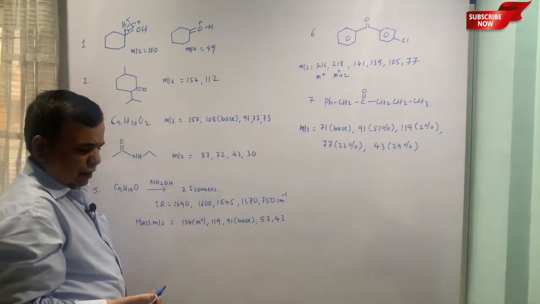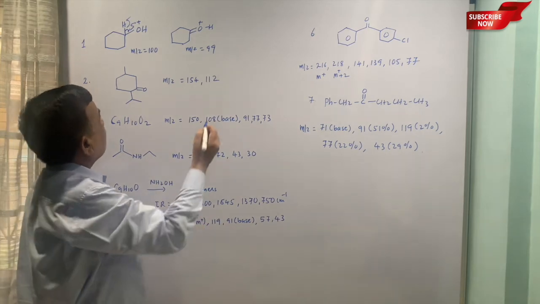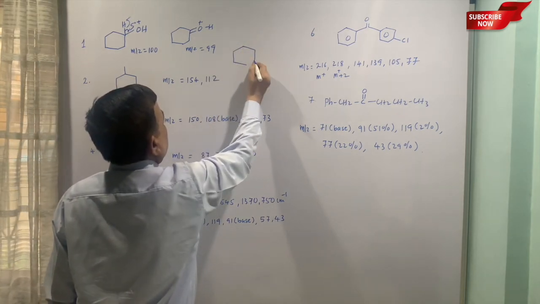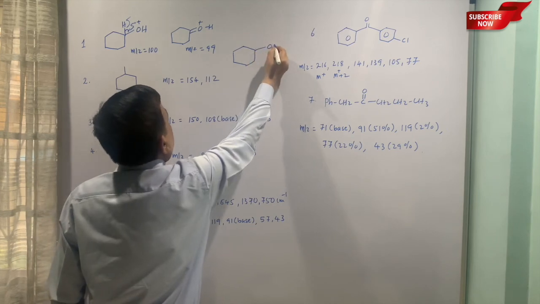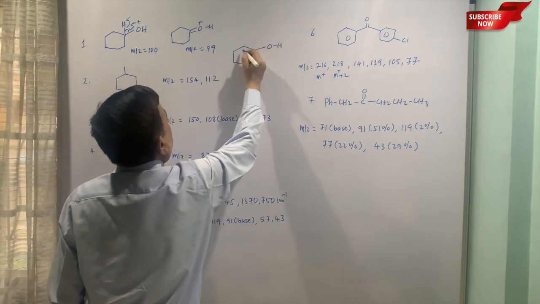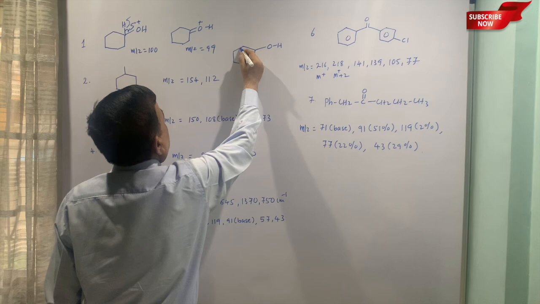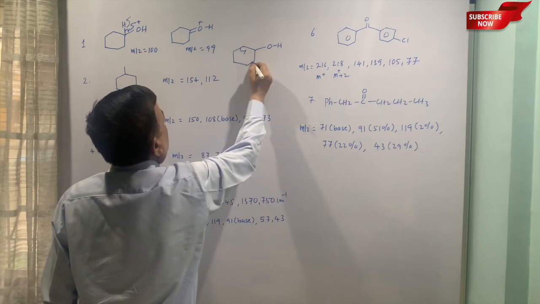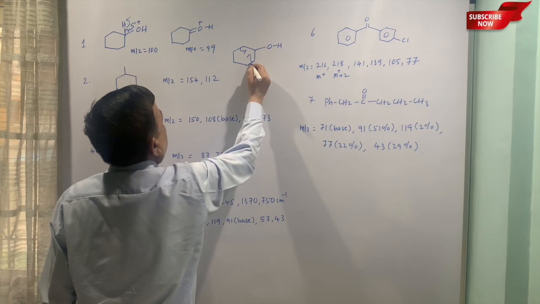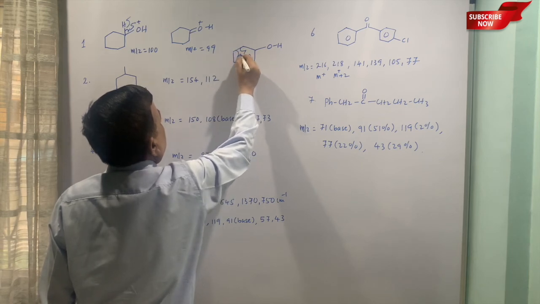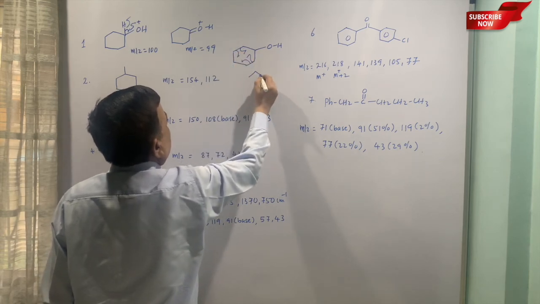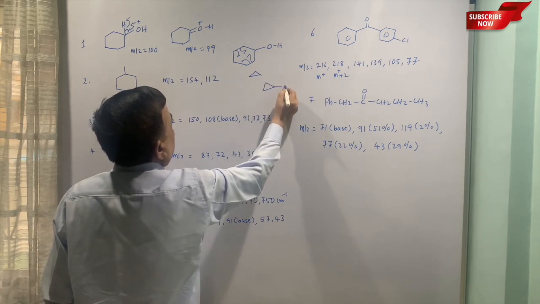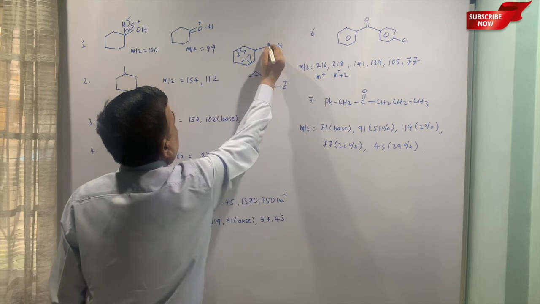and then third peak is peak at 57. So we can show it with a three-membered ring formation and three-membered ring in this side as well. So you will be having two fragments, radical cation. Let me show.